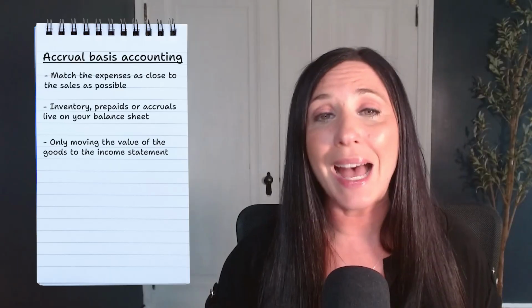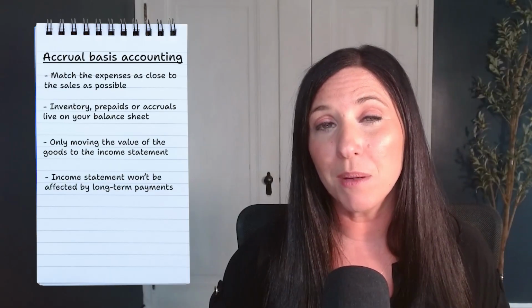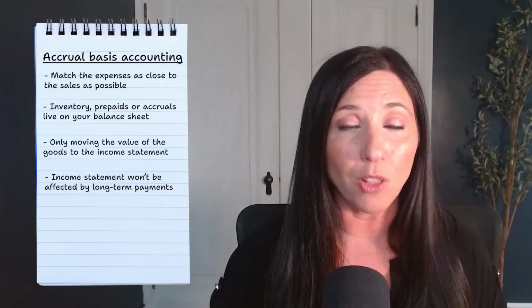Now, this can also add complexity in your cost of goods sold as well as your expenses. If you're paying for a long-term annual subscription, you'll actually put that on your balance sheet. You will not see the income statement be affected when you make that long-term payment.